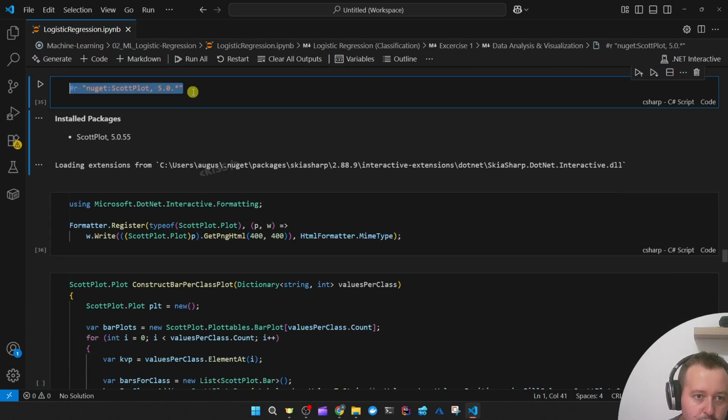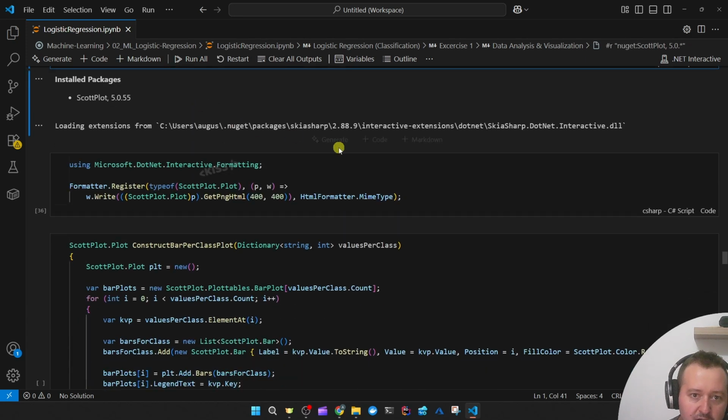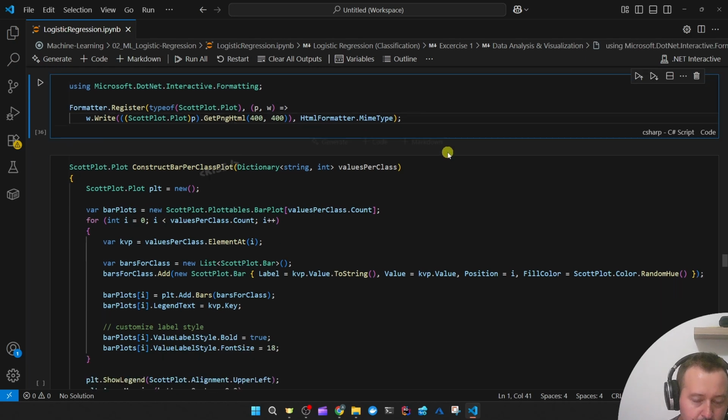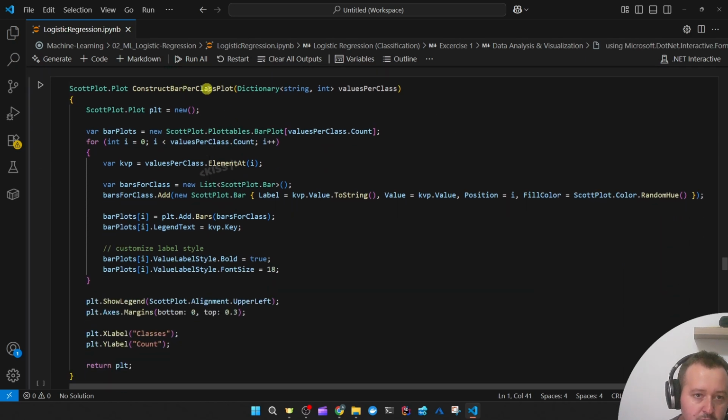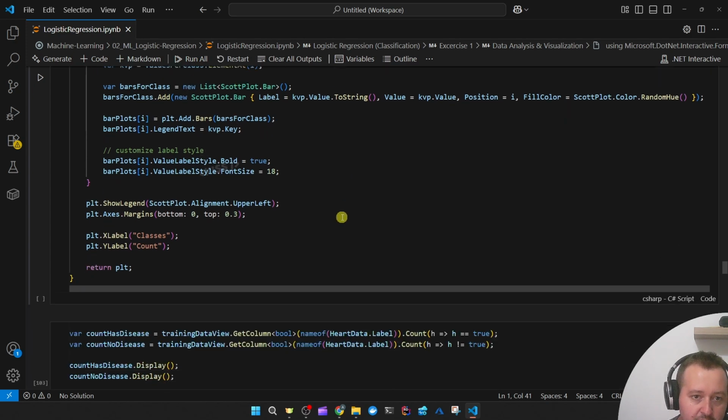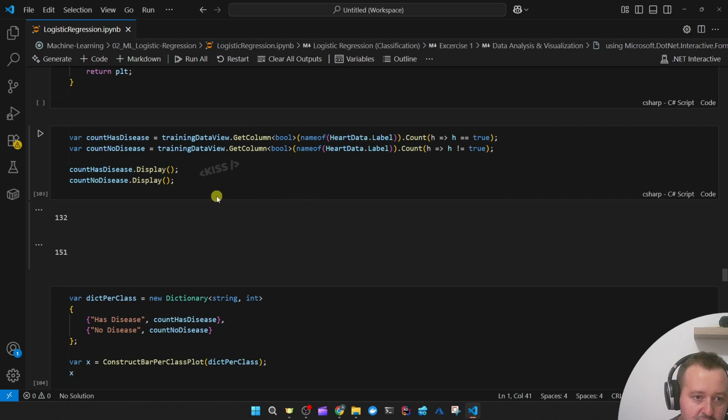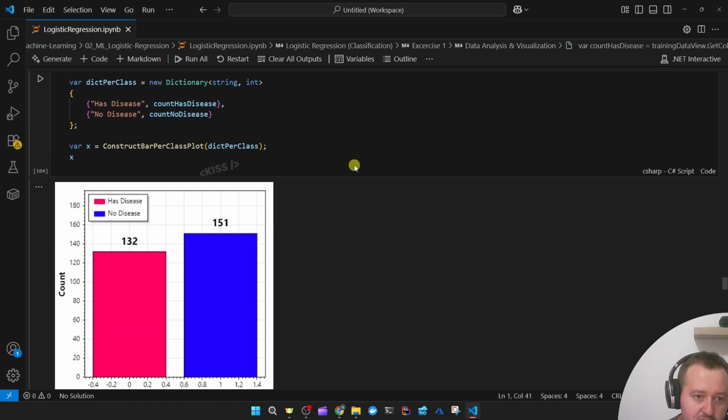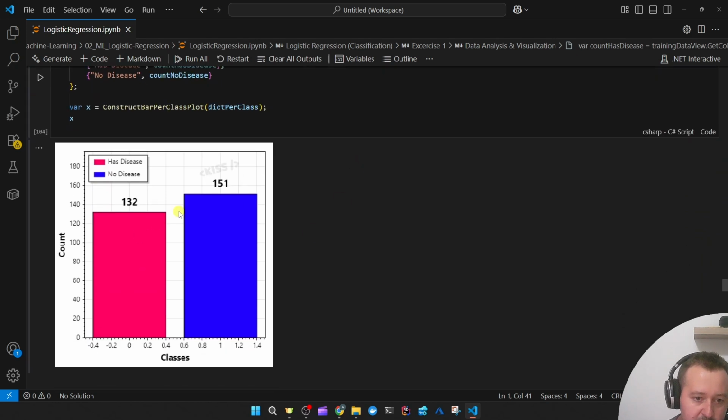Okay, then I added the ScottPlot, which is a video I made after the linear regression, just trying to construct a bar chart for each class to visualize how many samples have a disease and don't have a disease, which is something like this.